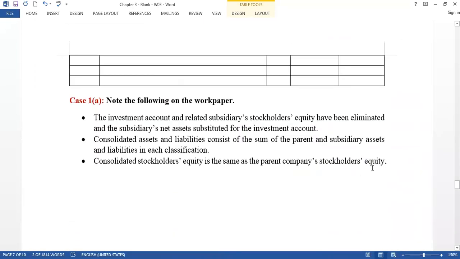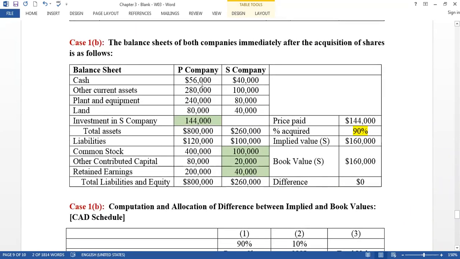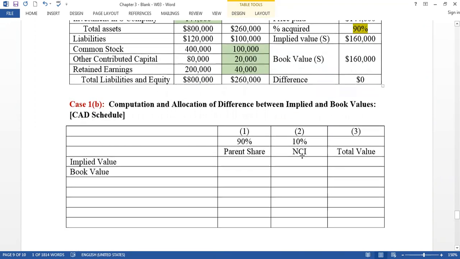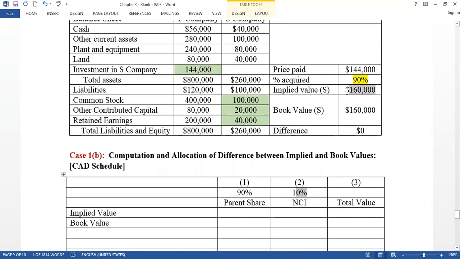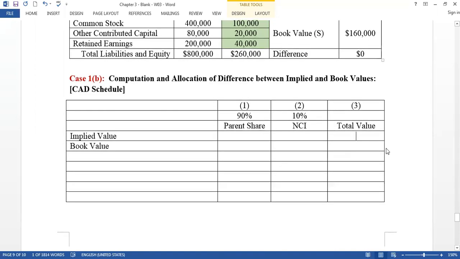So although you are going to consolidate 100% of assets and liabilities, you cannot claim that you are the owner of 100%. So 90% goes to the parent company and the remaining 10% goes to the non-controlling interest. The total implied value is $160,000.